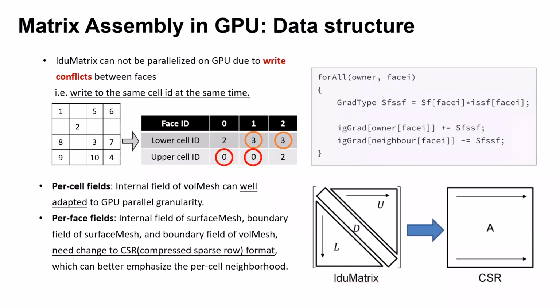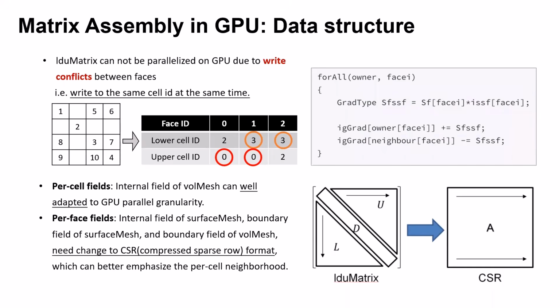So the first issue we need to address is the data structure. First, I want to claim that the LDU matrix cannot be parallelized on GPU due to write conflicts between faces. Here is a demo about the face loop.